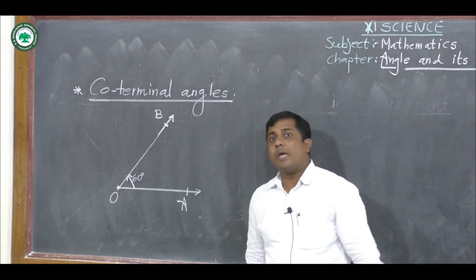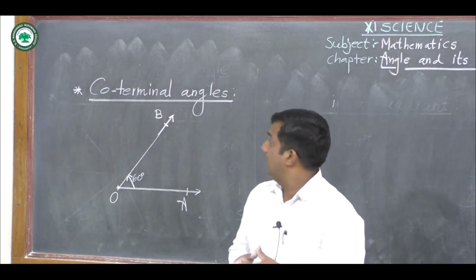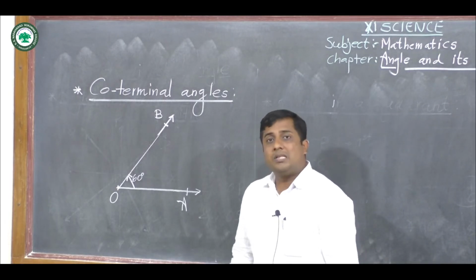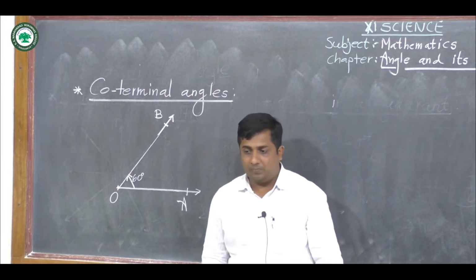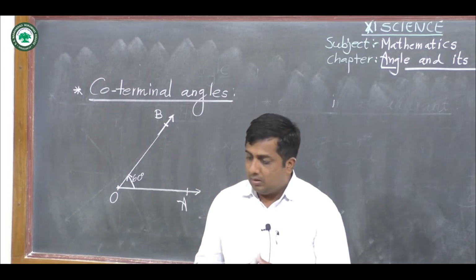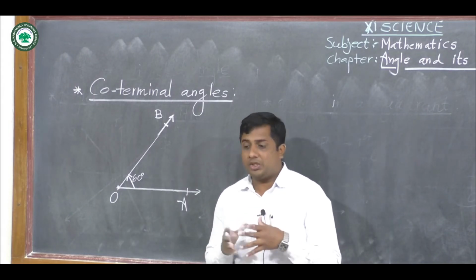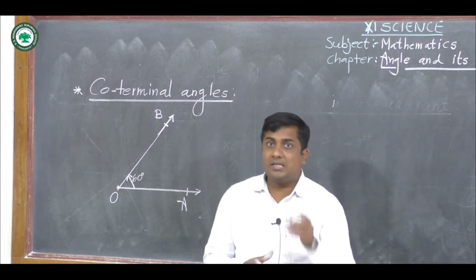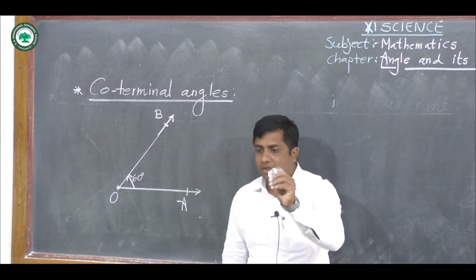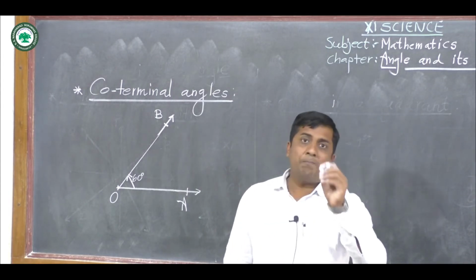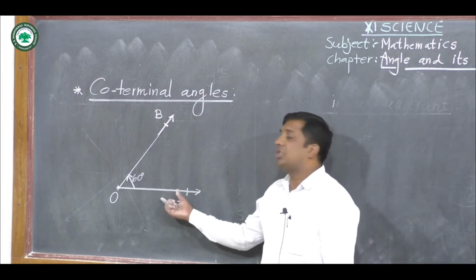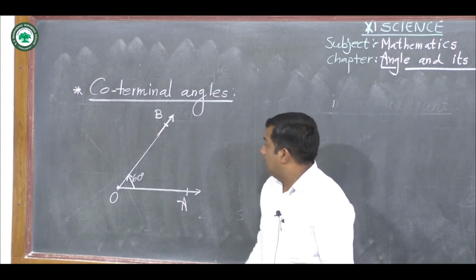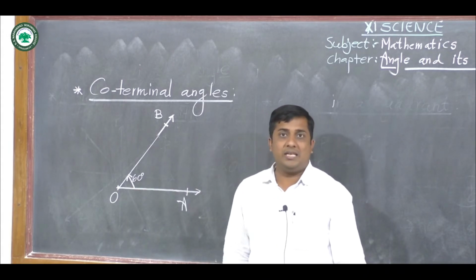And here we have to define the coterminal angles. In this figure we consider different amounts of rotation having the same positions of initial ray and terminal ray. The first angle is 60 degrees.